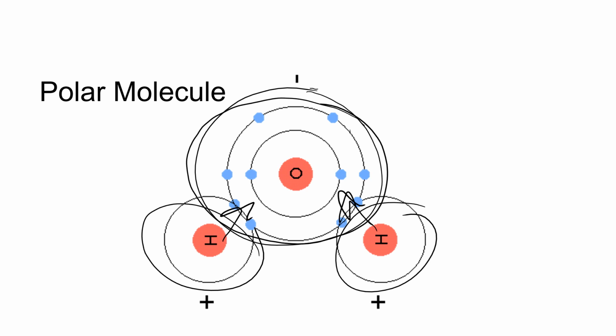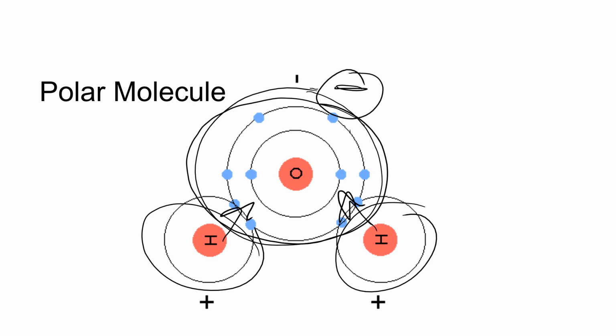Okay, so what you have to remember now is that electrons are negatively charged. And if we get an uneven distribution of electrons moving towards the oxygen atom, compared to the hydrogen atoms, what you're going to find is on the oxygen side of the water molecule, there's going to be a slight negative charge.